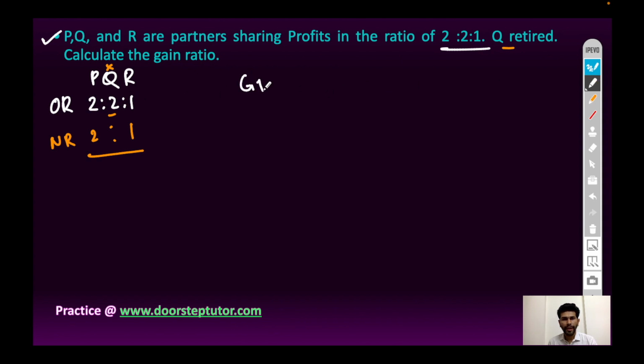So gain ratio will be equal to new ratio minus old ratio. For Mr. P, new ratio is 2 by 3 minus old ratio, 2 plus 2 plus 1, 2 by 5.